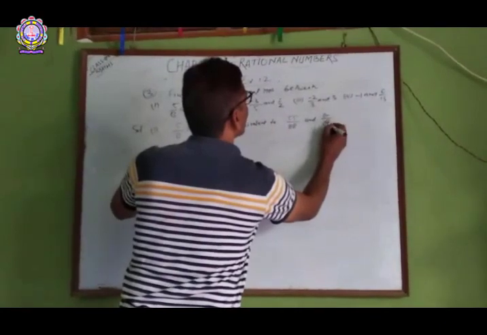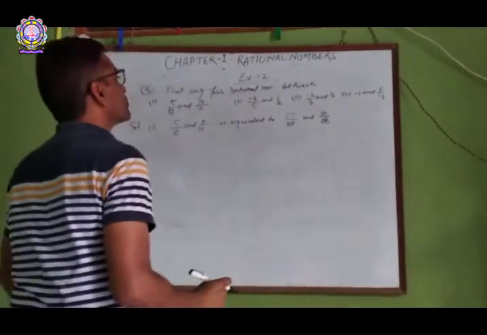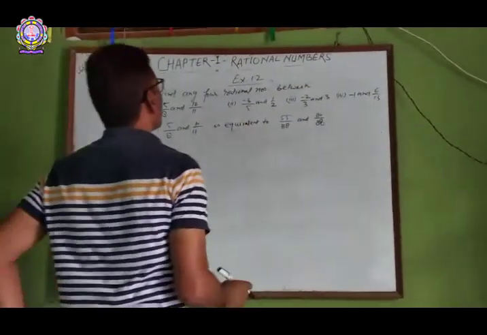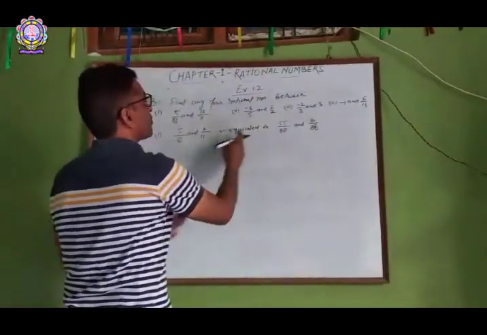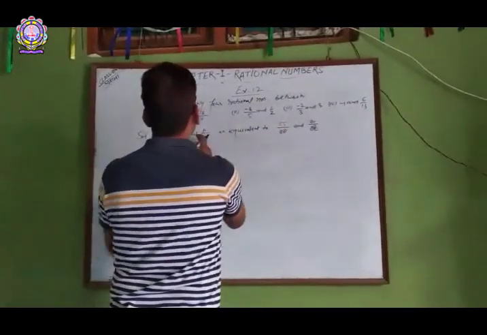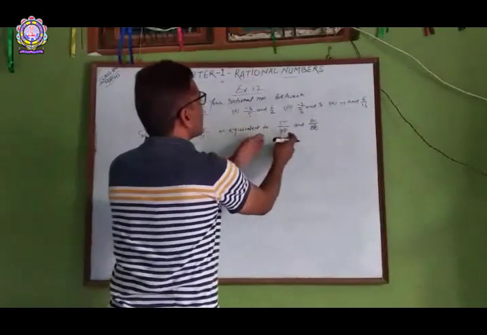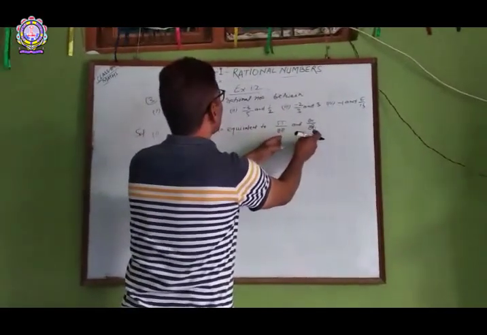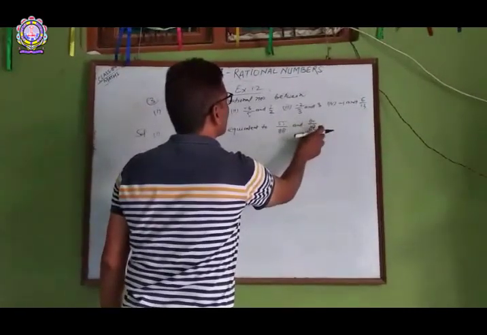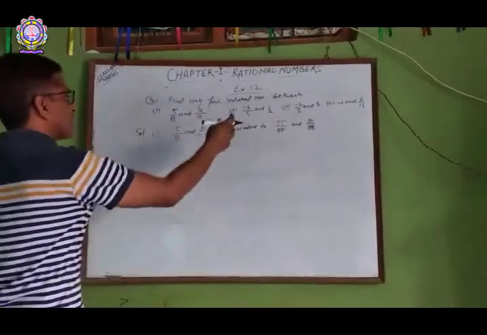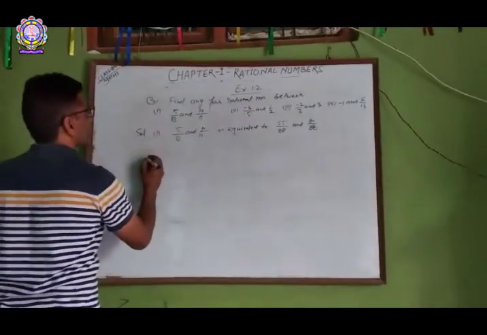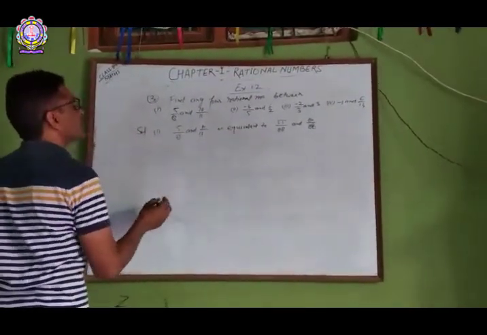Sorry, 58. Now we have converted these two rational numbers into rational numbers with a common denominator, that is 88 and 88. We can insert many rational numbers.